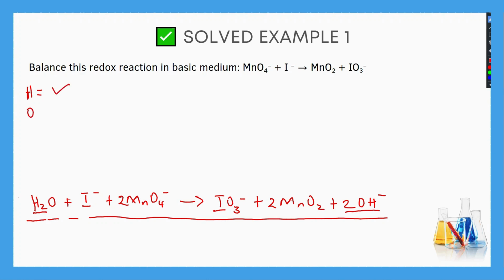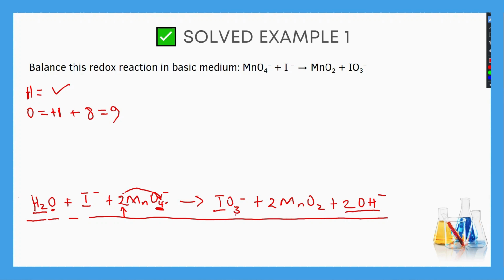For oxygen, you check, there is one atom of oxygen here, that is 1 plus, there are 4 atoms of oxygen here, then multiplied by this coefficient of 2. That is 1 plus 8, because 2 times 4 will give us 8. So there are 9 atoms of oxygen on the left hand side.